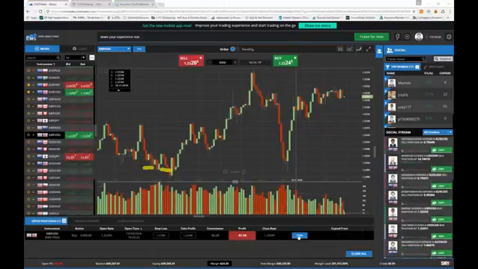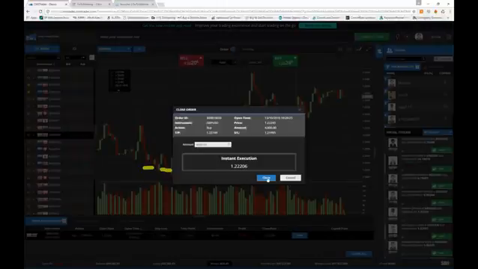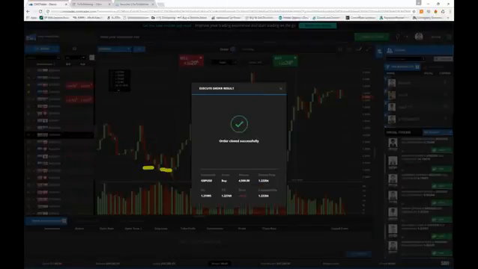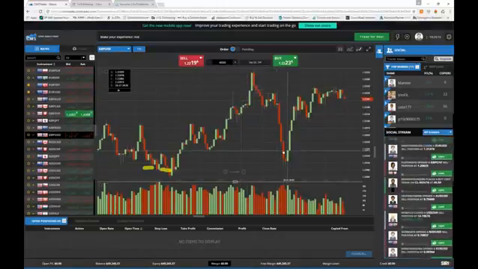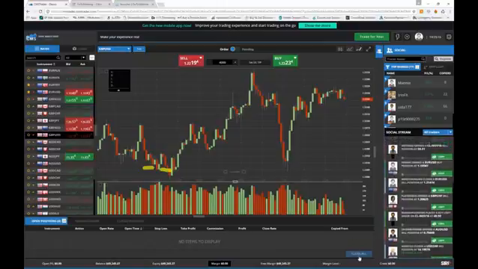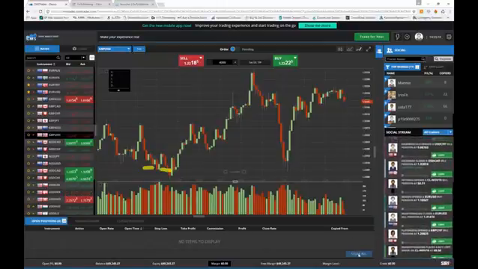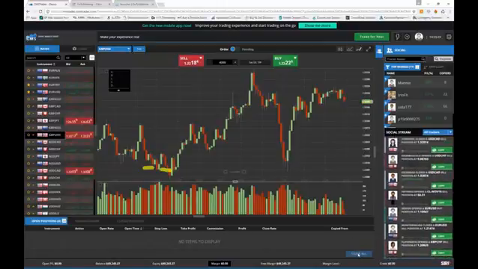We could just hit close and that will close the trade immediately. Order close just like that. And if we had more than one order, we can hit this button here which says close all.